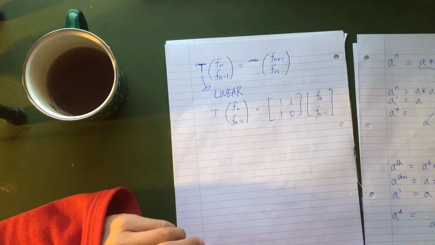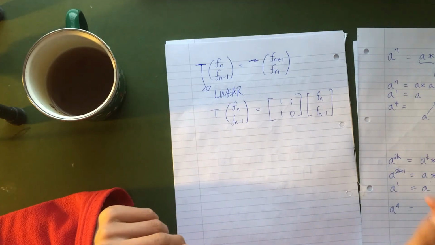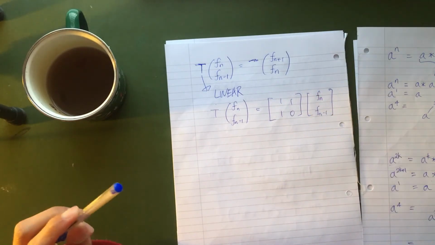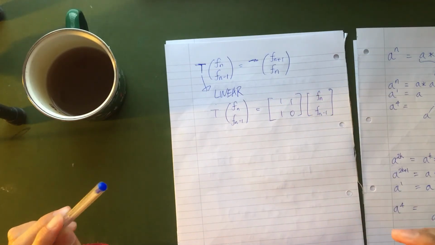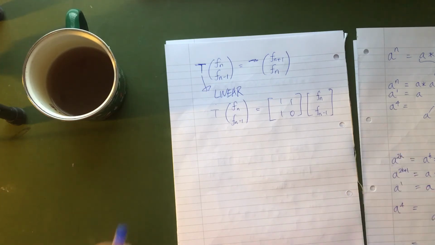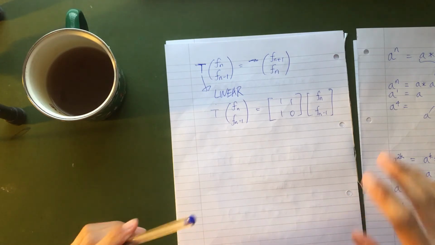So this T, its entire information is captured in this matrix. And the second piece of good news is that to compose linear functions, we do something called matrix multiplication, which takes some time, but it's only a constant amount of time. It doesn't depend on how big we're raising T to the power of.